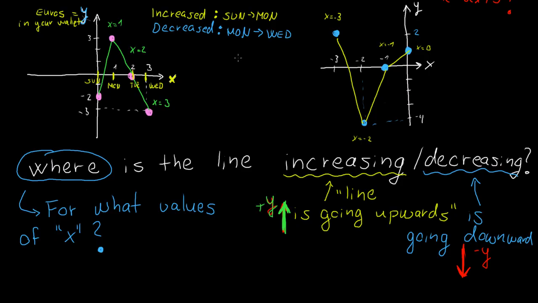Now let's put it into little mathematical terms because we're in math. When is the green line increasing? I'll write it down mathematically. It's increasing from 0 to 1, and decreasing from 1 to 3.